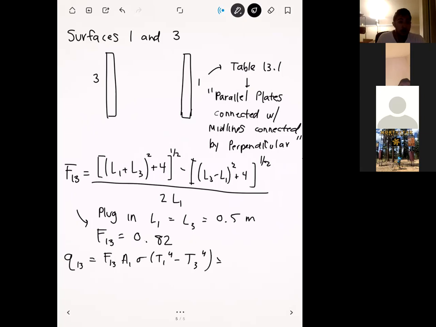And so you plug in all the numbers for this and you get a heat transfer value of 20,234.2 watts. All right. Any questions on this part of the example?